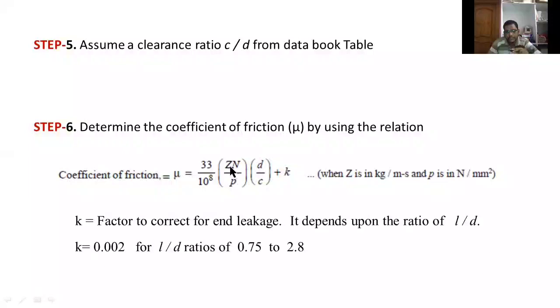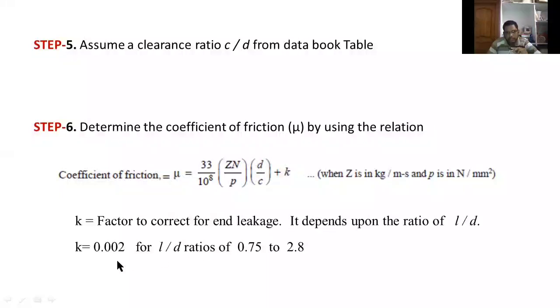Here you have to remember Z is always in kg per meter second, speed n in rpm, and bearing pressure in Newton per mm square. These are the important units to substitute in this equation. Here small k is the end leakage factor.